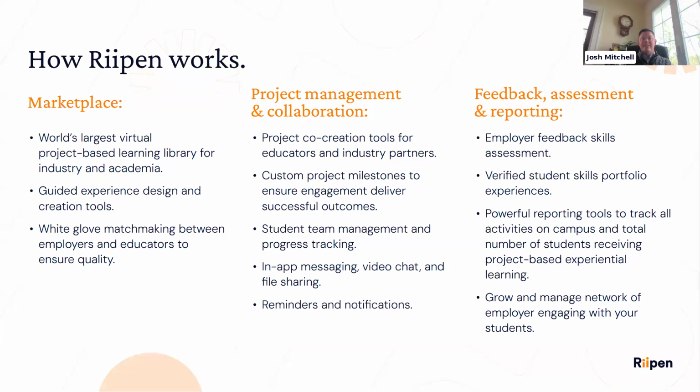Being able to collect systematic data about these experiences, what kinds of impacts they're having on whether it is career clarity, career confidence, development of skills, or if it's closer to the time of graduation, on actual employment. All of those kinds of things. The Ripen platform gives you an ability to collect that kind of data at any point during the project journey, including before a project begins, after a project begins, as well as feedback from employers themselves.